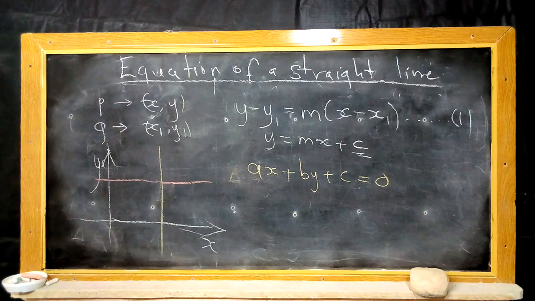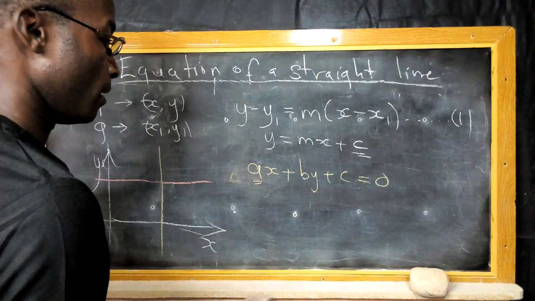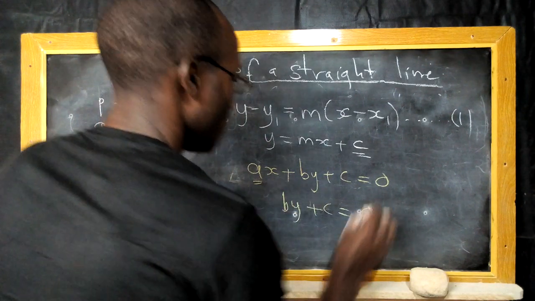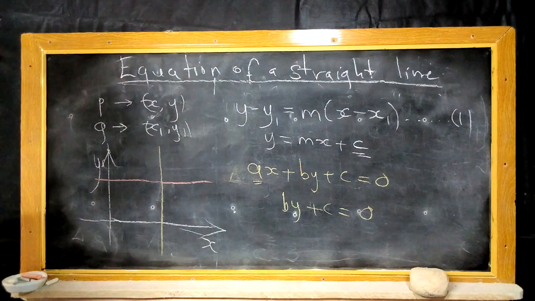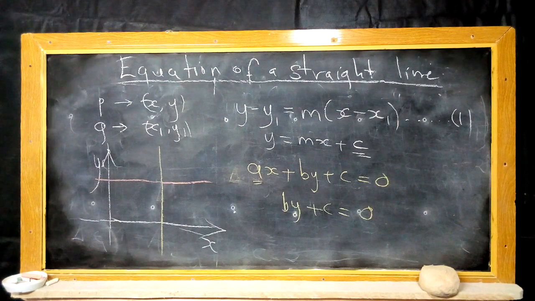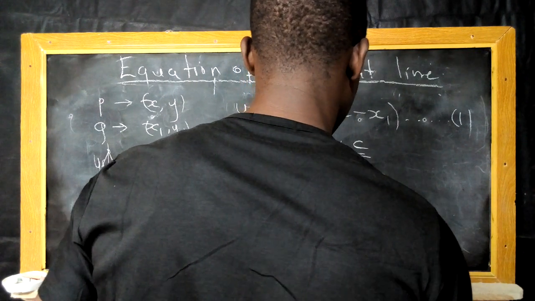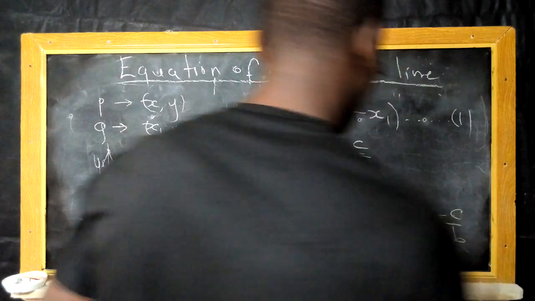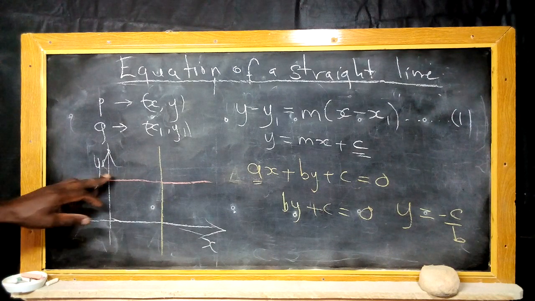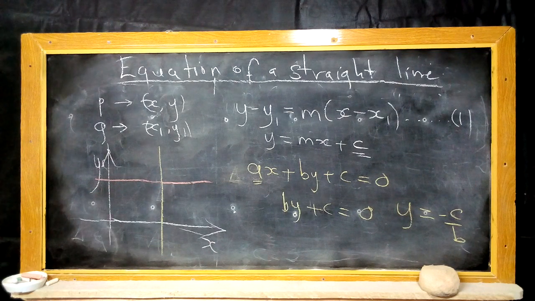Now suppose a is equivalent to 0, then the expression for that line will be given as py plus c equals 0, implying that the y-intercept will be equivalent to minus c over p, indicating that the line is horizontal and parallel to the x-axis.